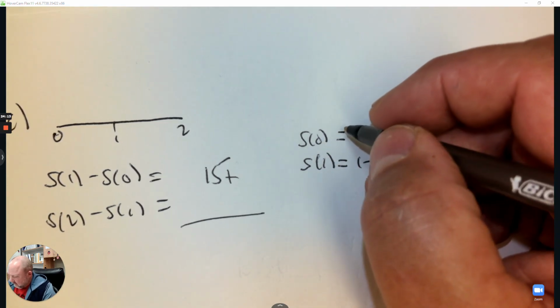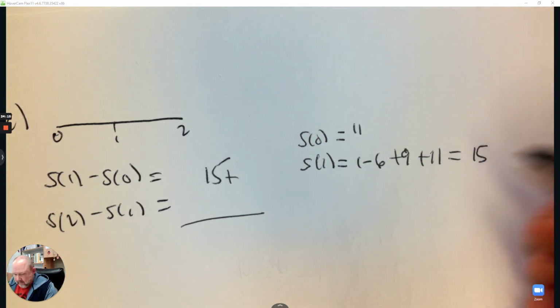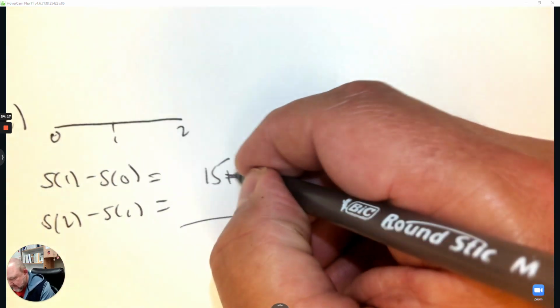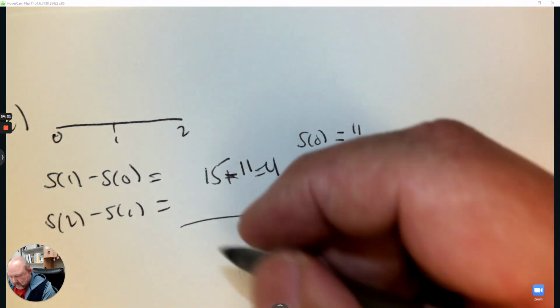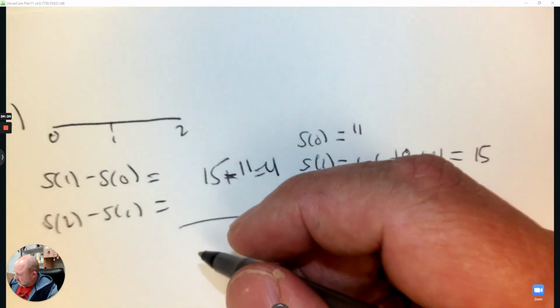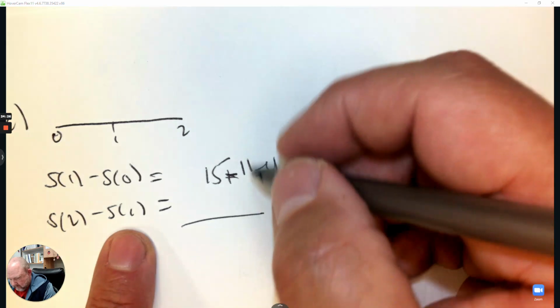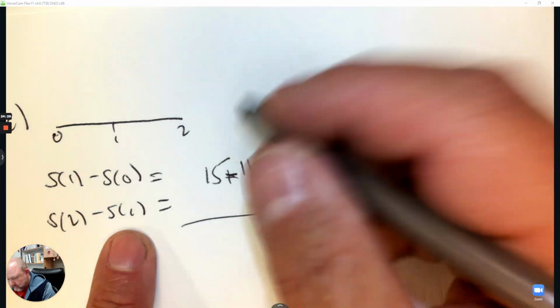So I'm going to go 15 take away 11. So that answer is 4. So I already know S at 1 I said is 15. The only one here, 2, I need to figure out.